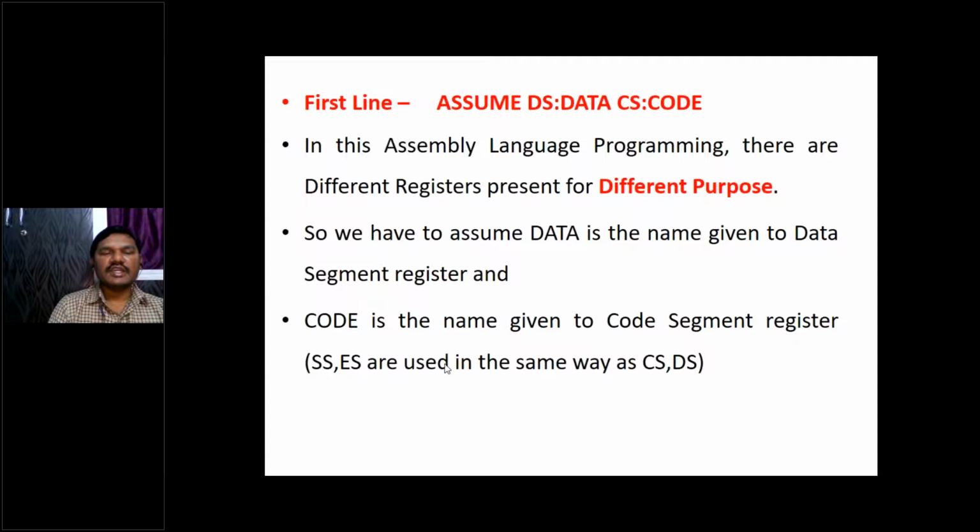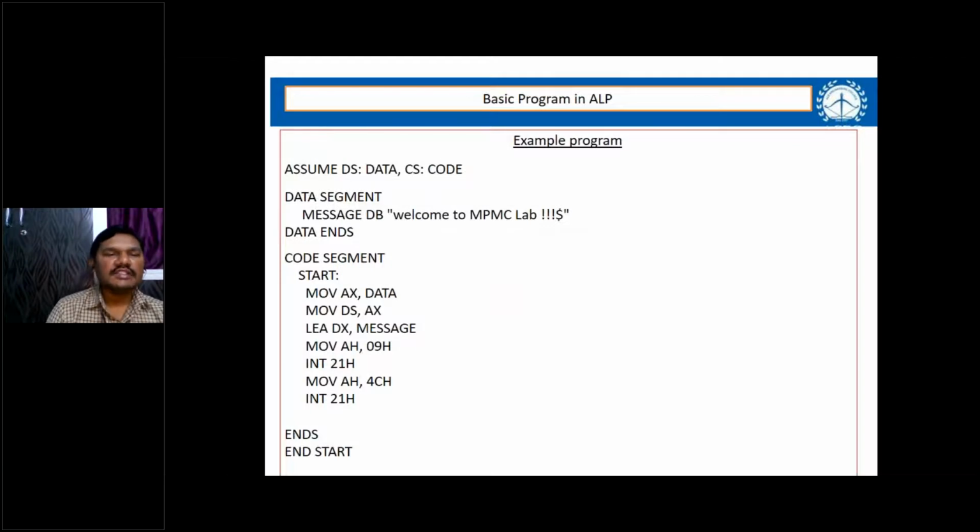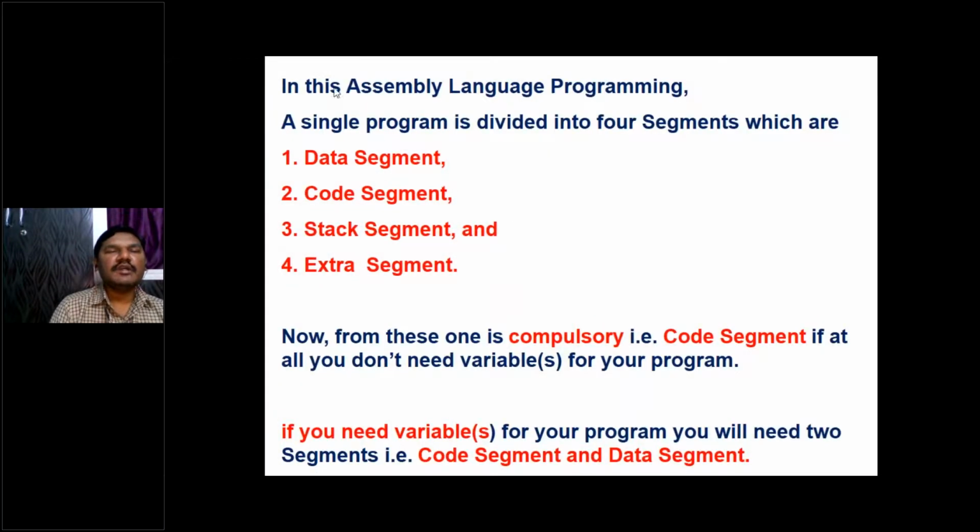Right, SS and ES are also used in the same way as CS and DS. Okay, next line is data segment. So what is data segment? In assembly language programming, a single program is divided into 4 segments: data segment, code segment, stack segment, and extra segment. From these, one is compulsory, that is the code segment.